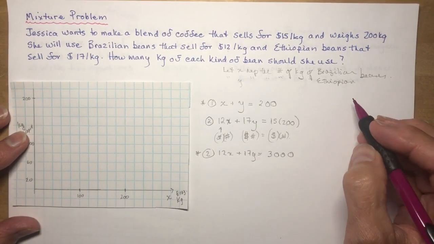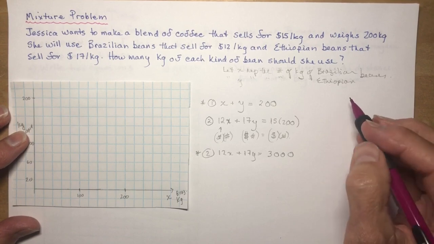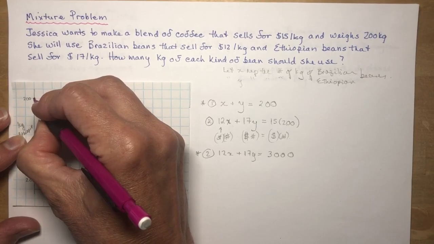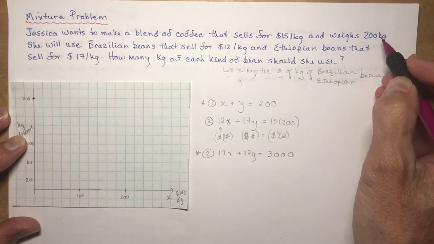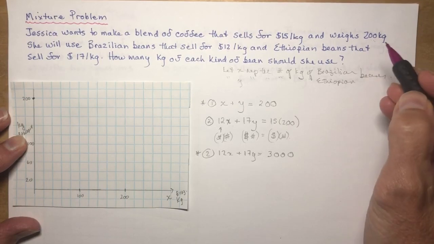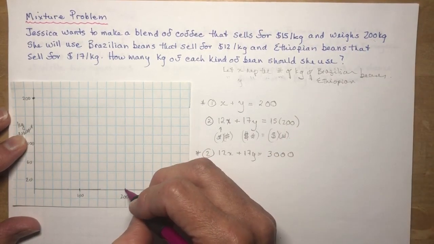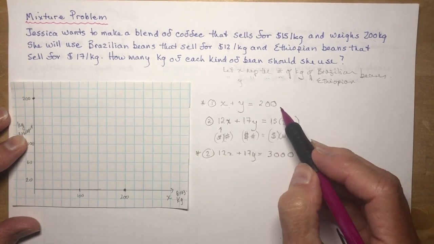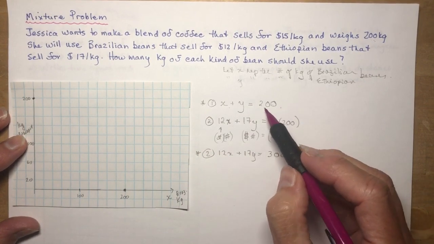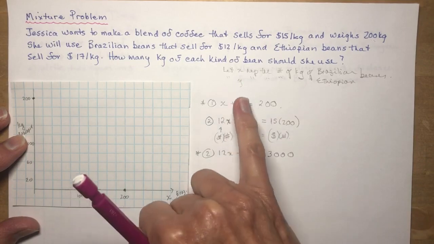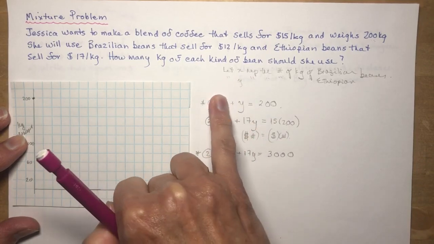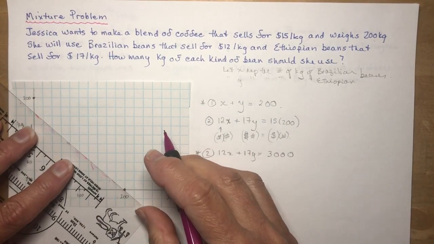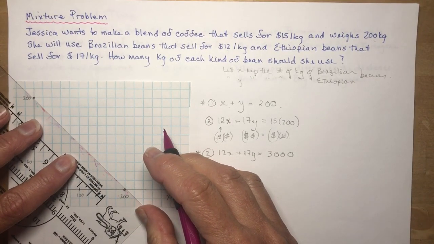If she made a mixture and only used Ethiopian beans, she would use 200 kilos, because she's trying to make a mixture of 200. If she only used Brazilian, she would have 200. That's what this equation gives you, which you could also solve by finding the x-intercept: set y to 0, cover y, x is 200, y is 200. So there are my x and y intercepts, and that is sufficient for me to make a line.